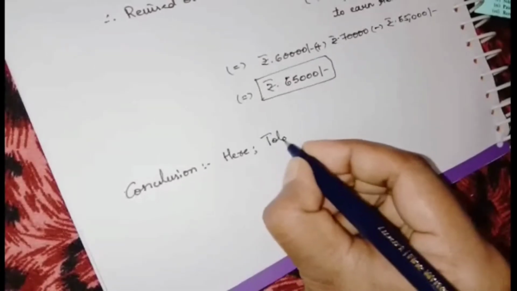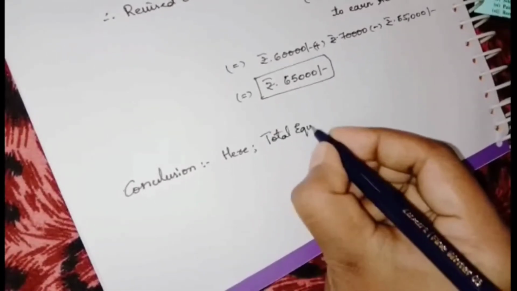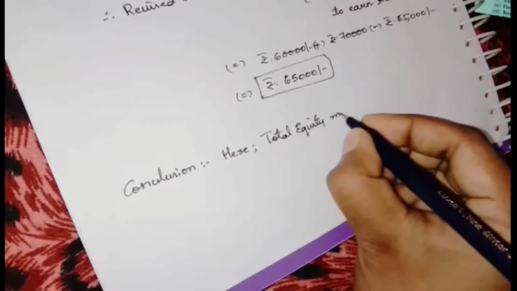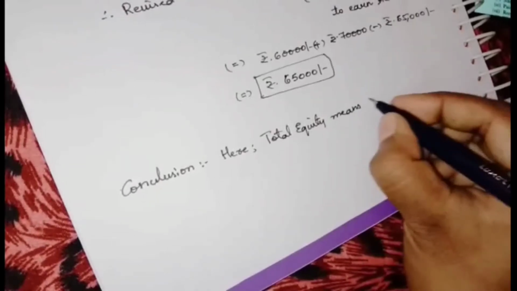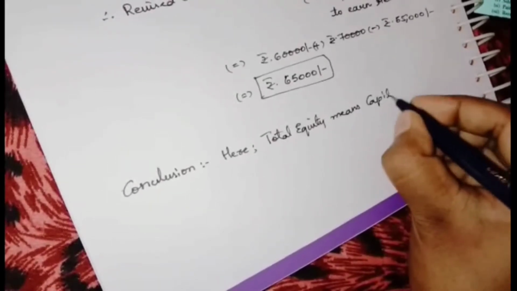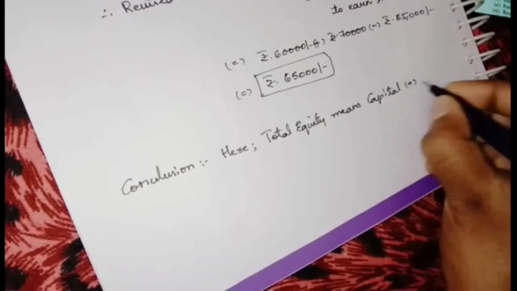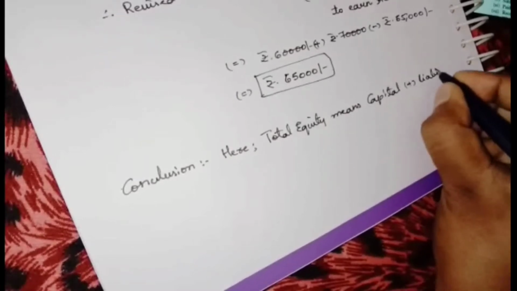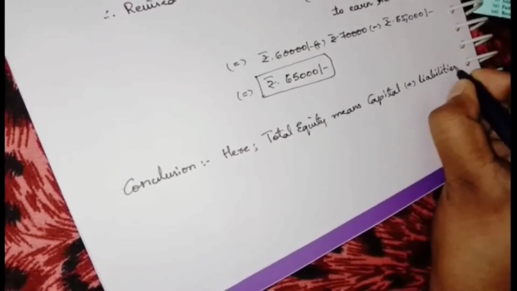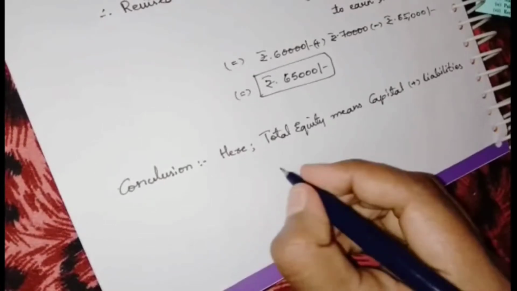So as a conclusion, I will give a note point here. Total equity means capital plus liabilities. Don't get confused, capital is nothing but equity only.